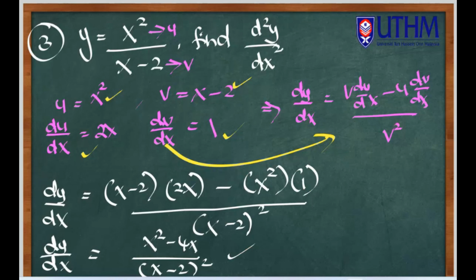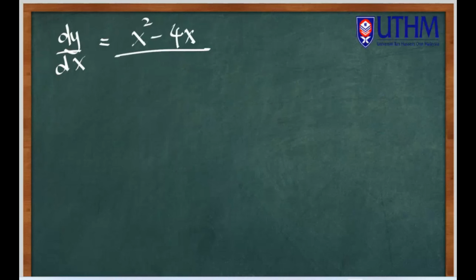From the first derivative, we know that dy/dx is equal to x squared minus 4x divided by x minus 2 squared. From here, we need to differentiate one more time.